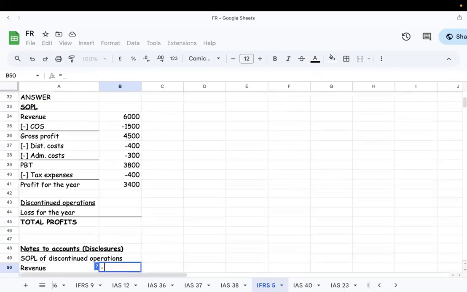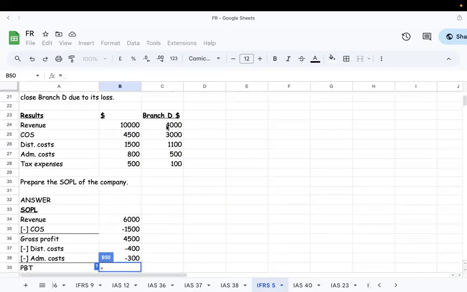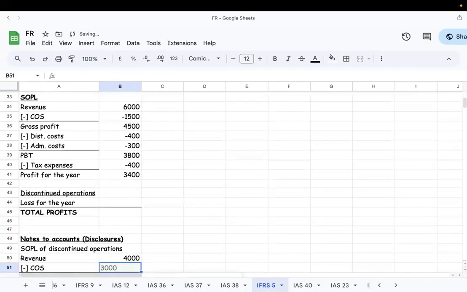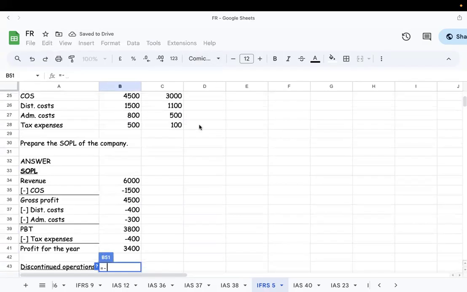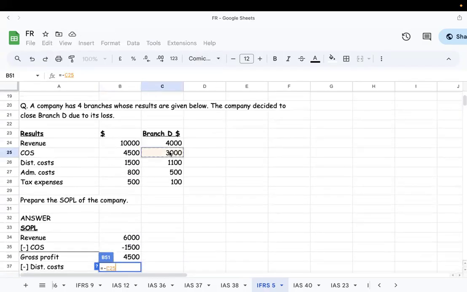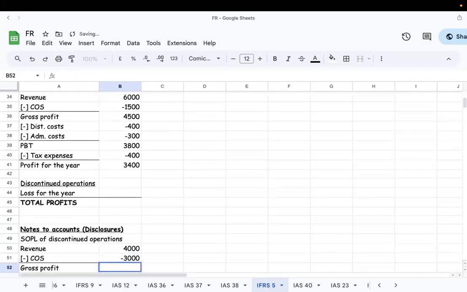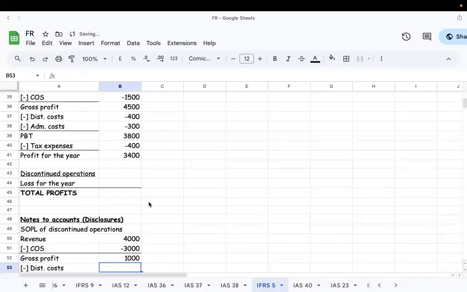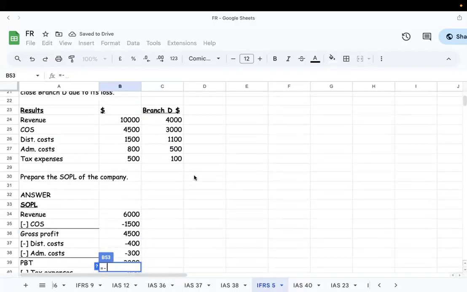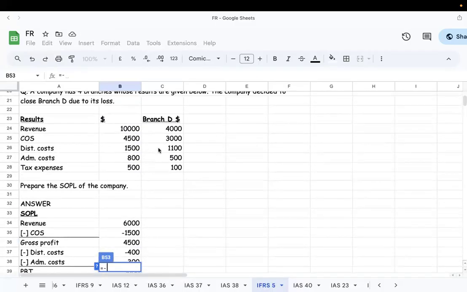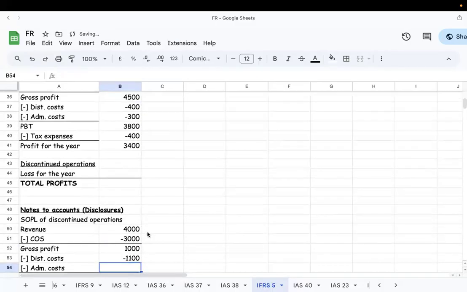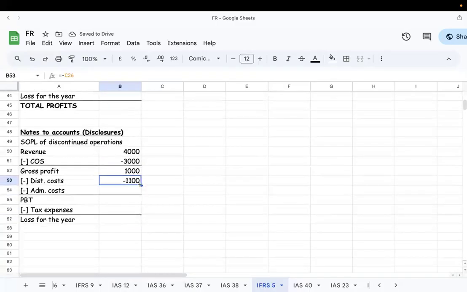So that becomes equal to this one minus this one, and then you get this plus this, and then again minus of distribution cost.